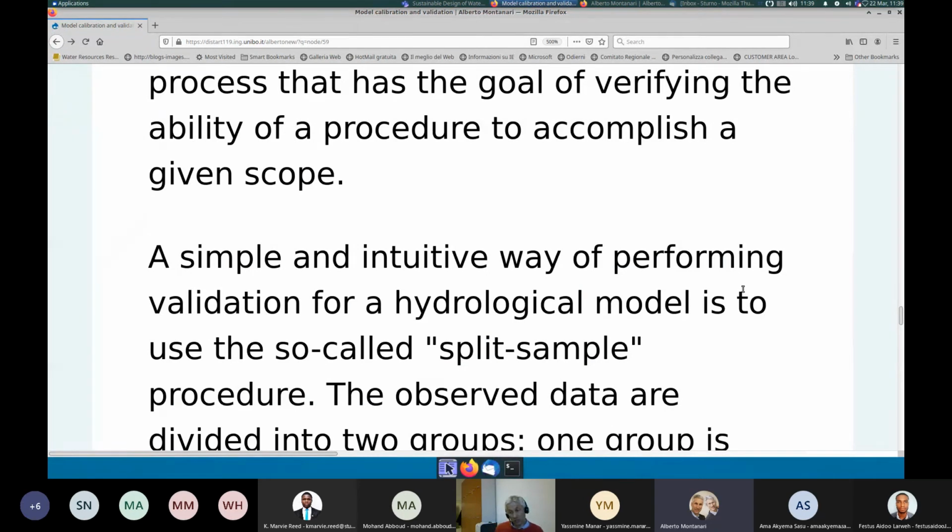And you have to be able to explain the meaning of validation. The meaning is to test with respect to an out-of-sample situation, an out-of-calibration-sample situation. You have to be able to explain the meaning of it, and you have to be able to explain how you can carry it out, okay? And so this is the message.